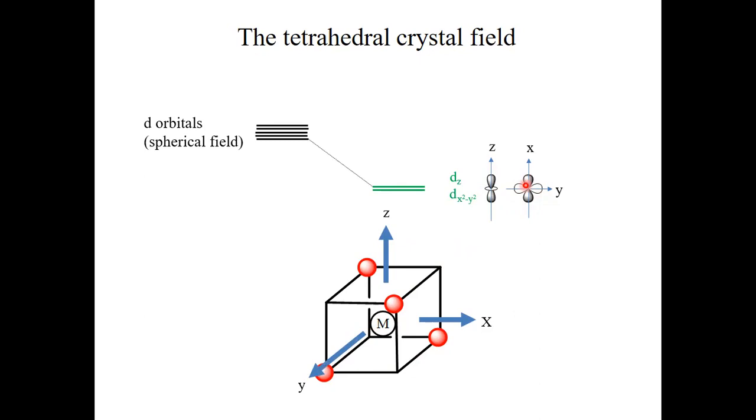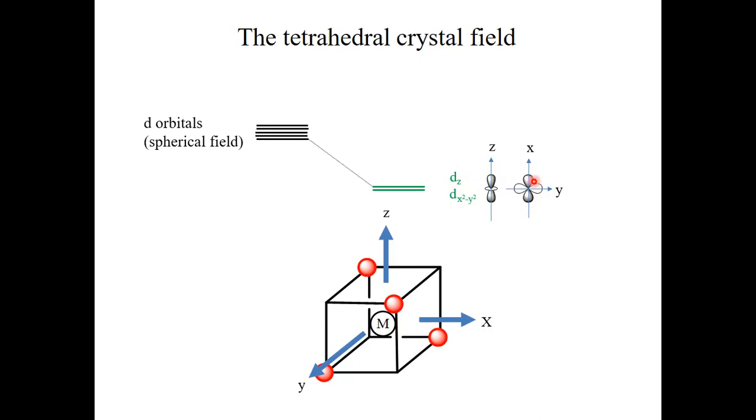So relative to a spherical crystal field, the energy of these orbitals is lowered. It is again lowered by exactly the same amount of energy, which is not entirely obvious, given that these orbitals have very different shapes. But it helps to remember that these two orbitals have the same symmetry within the point group Td.